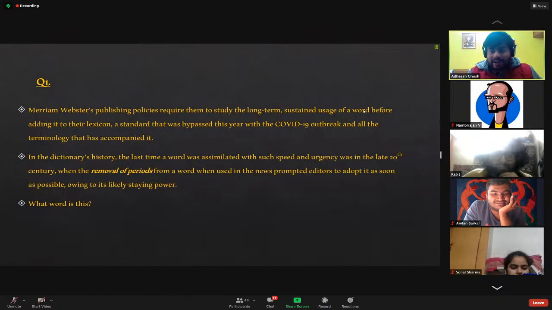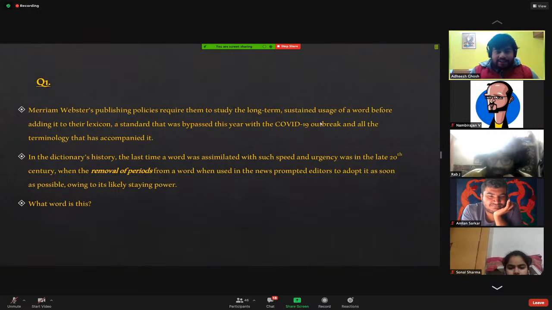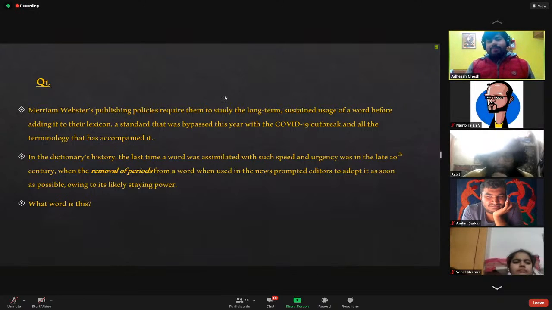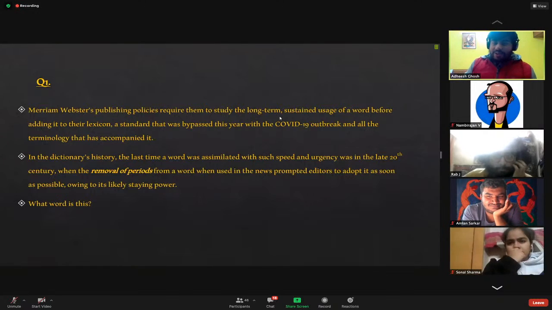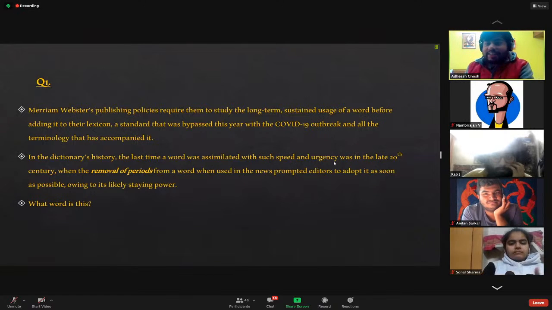Also, I'll give precedence to giving points to them first, and then on a case by case basis, maybe I'll see. And yeah, so just think about it, right? So a word removing periods, and think of it in context of the COVID-19 outbreak. What else falls into the general same category of things?